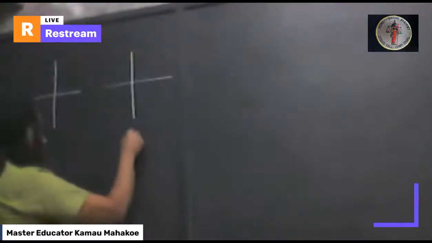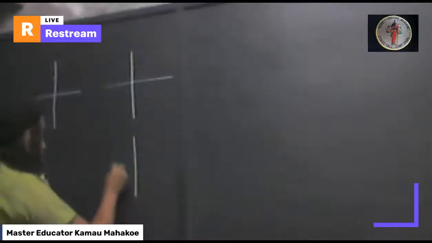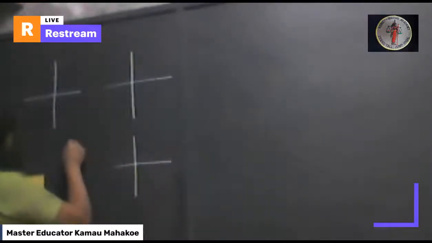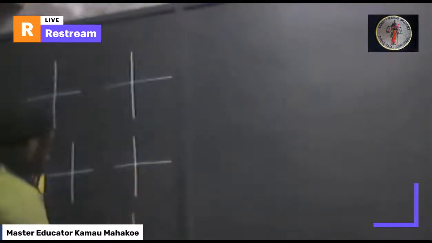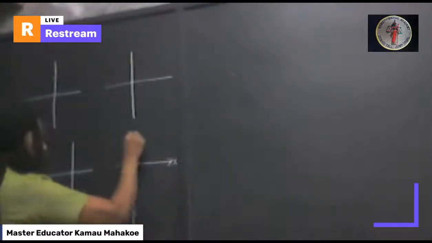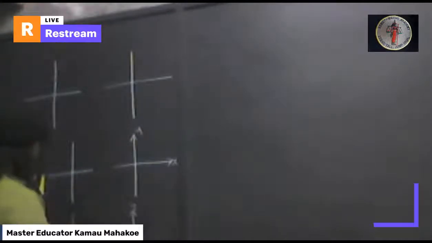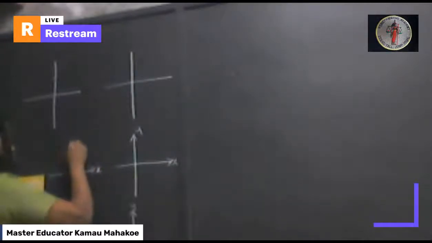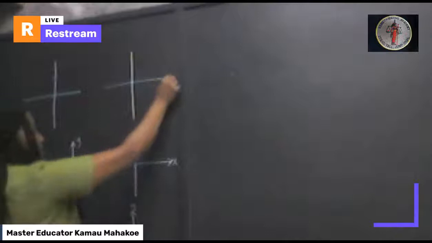Just gonna do about 6 of these simple ones, just to show you. And I'm going to quickly fill in my arrow and my x-axis, y-axis, because we always have to remember to name our axes.